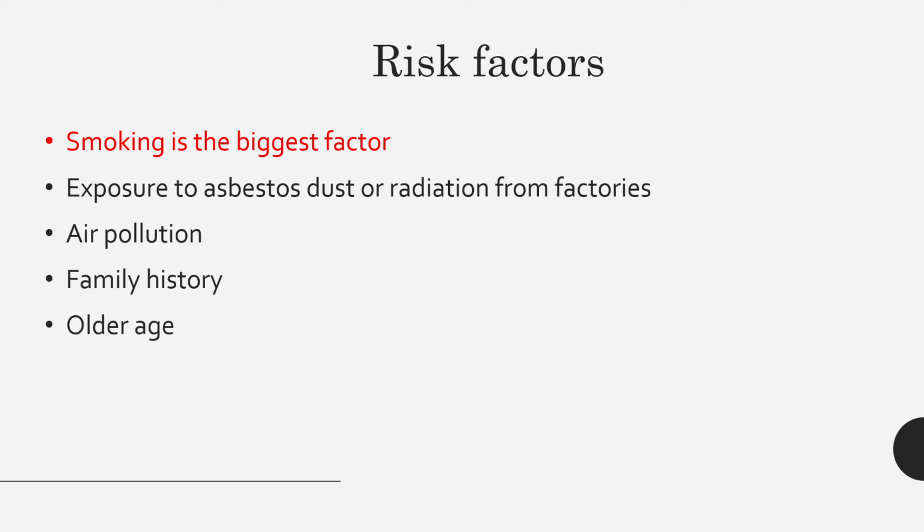Risk factors are similar to that for other lung cancer types and include smoking, which is the biggest factor, exposure to asbestos dust or radiation from factories, air pollution, history of family cancer, as well as older age.